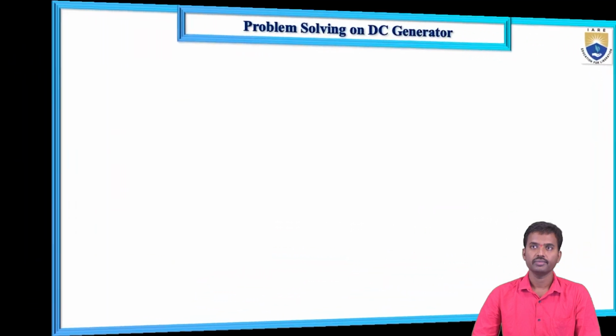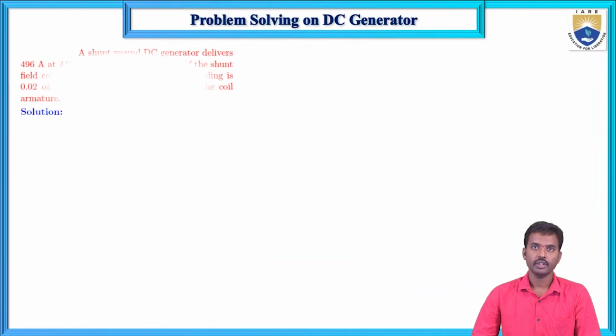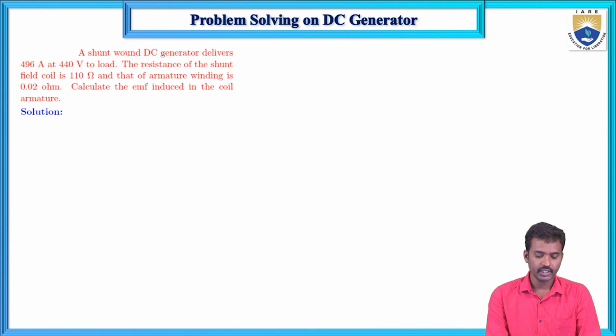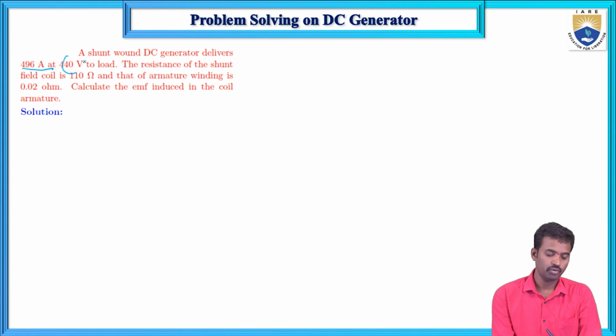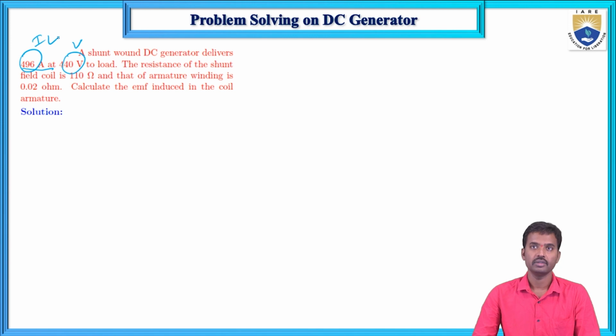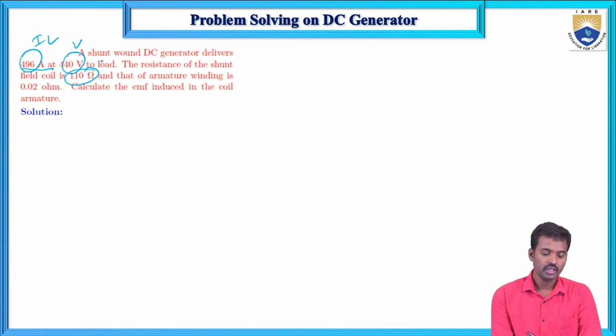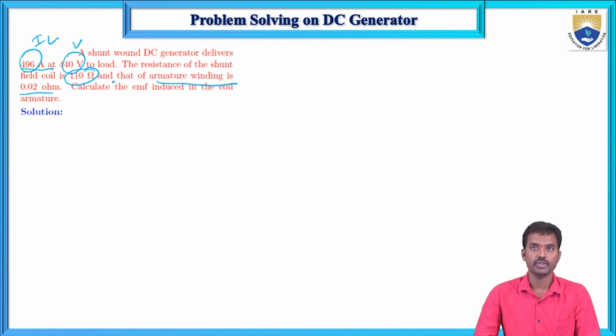Now the next problem. A DC shunt generator delivers IL of 496 amperes at 440 volts to the load. So this is V and this one is IL. The resistance of the shunt field coil is 100 ohms and the armature winding is 0.02 ohms.